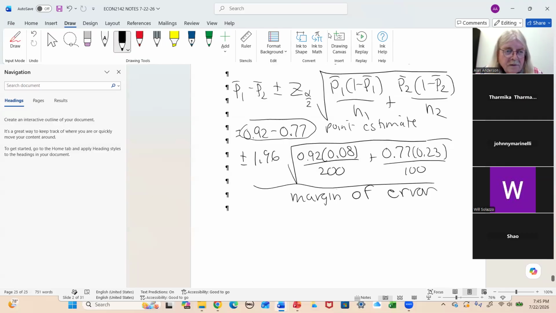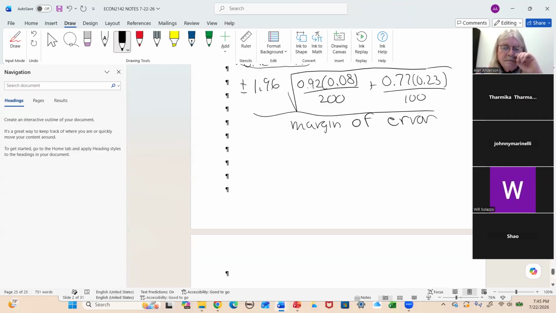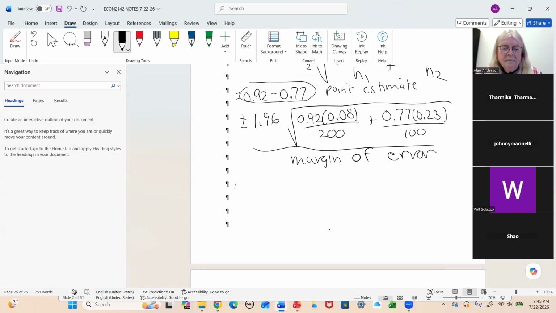All right, let's see what we can do with that. Actually, you know what I'm going to do? I'll just do it all at once. All right, I'll just do the calculations and see what the margin of error is.